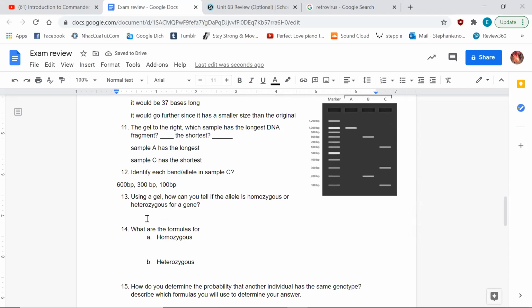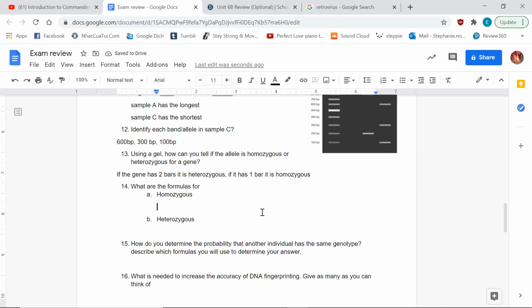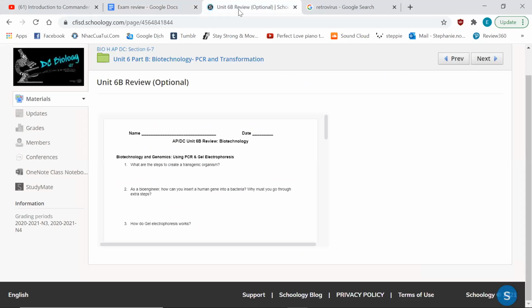Using a gel, how can you tell if it's homozygous or heterozygous? If the gene has 2 bars, it is heterozygous; if there's 1 bar, it's homozygous. Formulas. For homozygous, you're looking at, let me check my labs again.